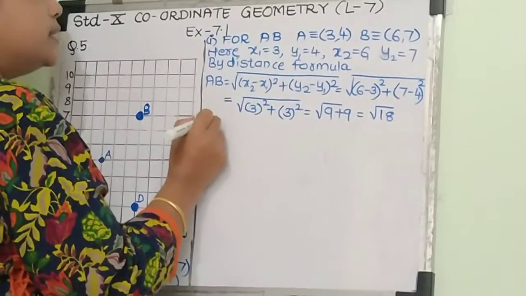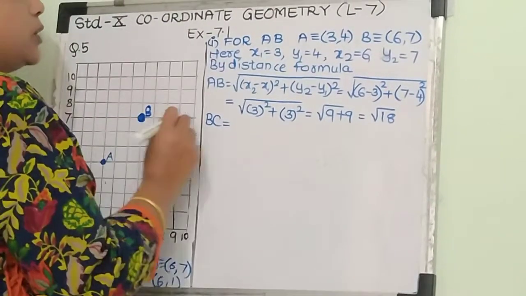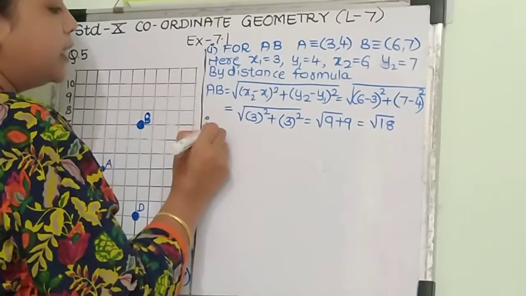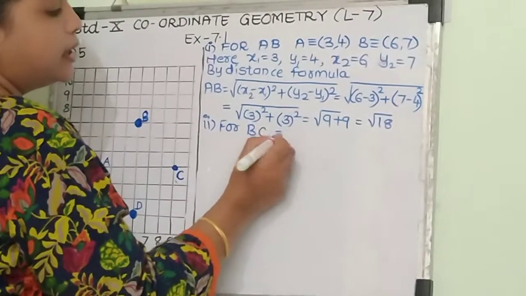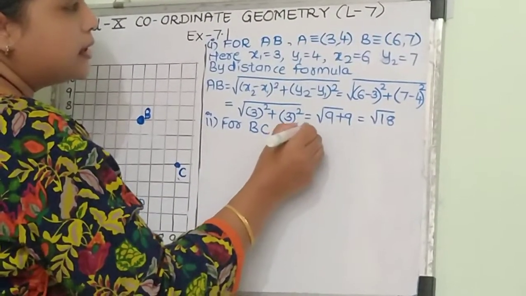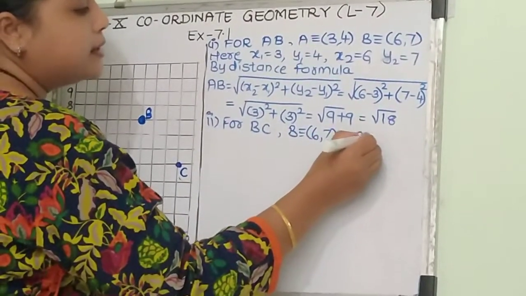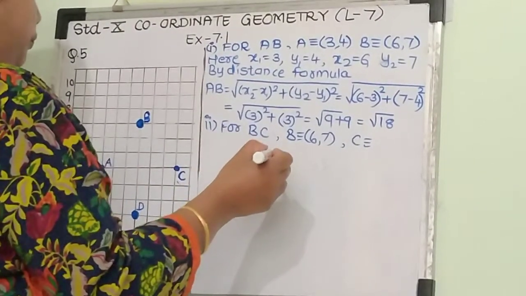Then BC. So for BC, B's coordinates are 6, 7 and C's coordinates are 9, 4.